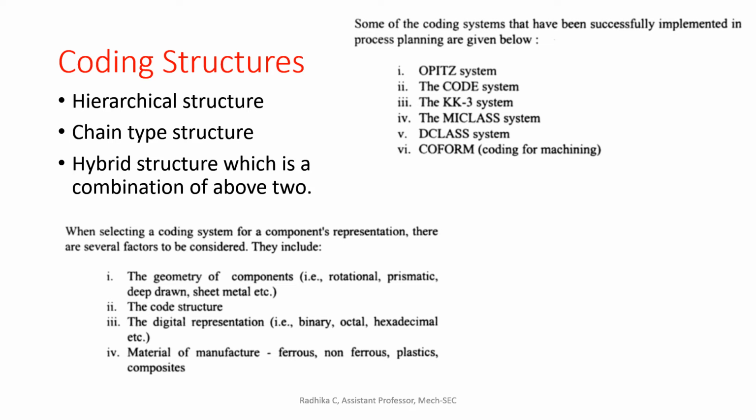Coding structures consist of symbols, which are used to identify the part or the manufacturing attributes. The symbols of the code can be numbers, alphabets, or a combination of both. Here, the three basic code structures for group technology are mentioned: hierarchical, chain type, and a combination of both.